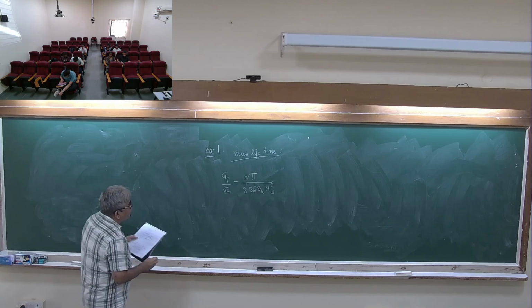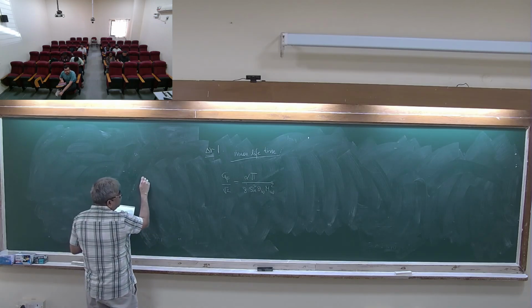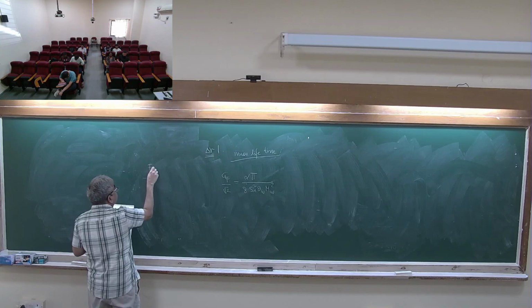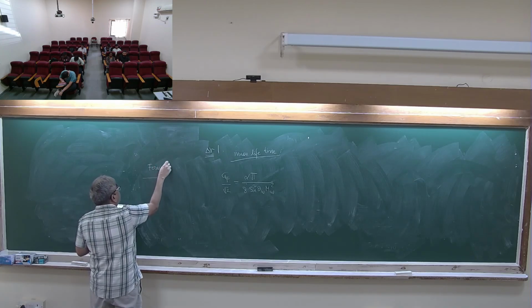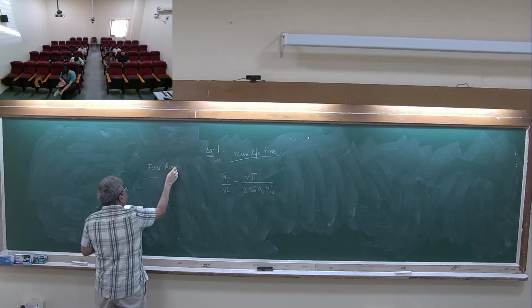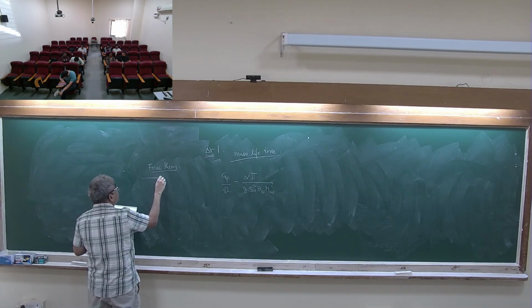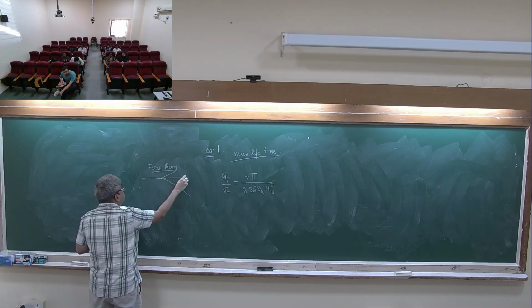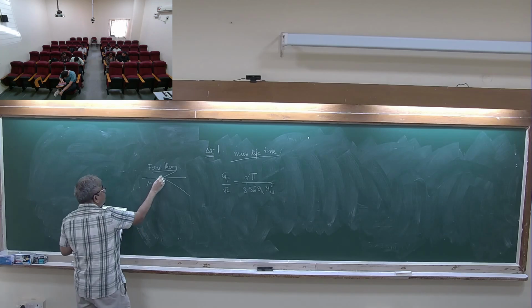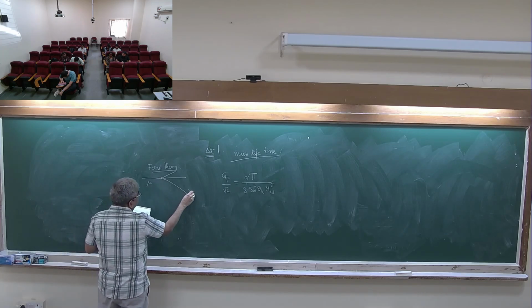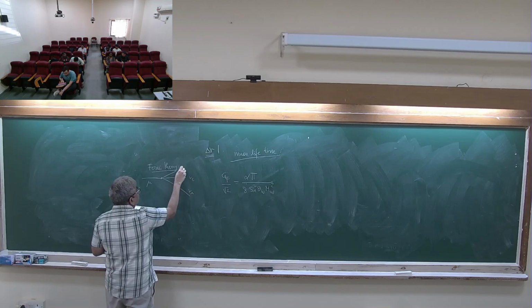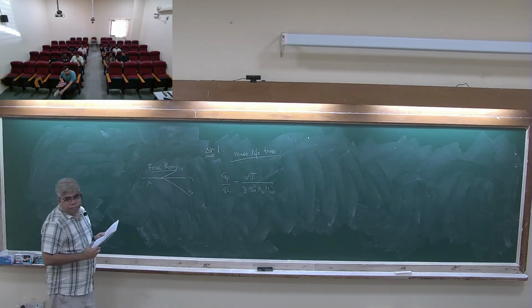Now the muon lifetime in Fermi theory, though it was done, was just a point interaction where you have mu going into nu mu, nu e, electron. That was the decay.